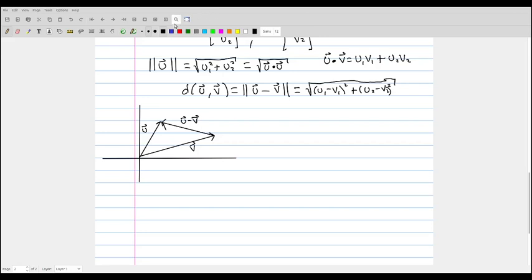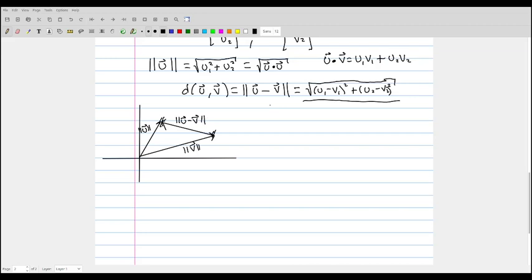So the distance between these 2 points, going from here to here, is exactly this, the square root of the difference of the x component squared and the y component squared. This distance is the norm of u, this distance is the norm of v, the length of v, and the length of this distance right here is the norm of the vector u minus v.